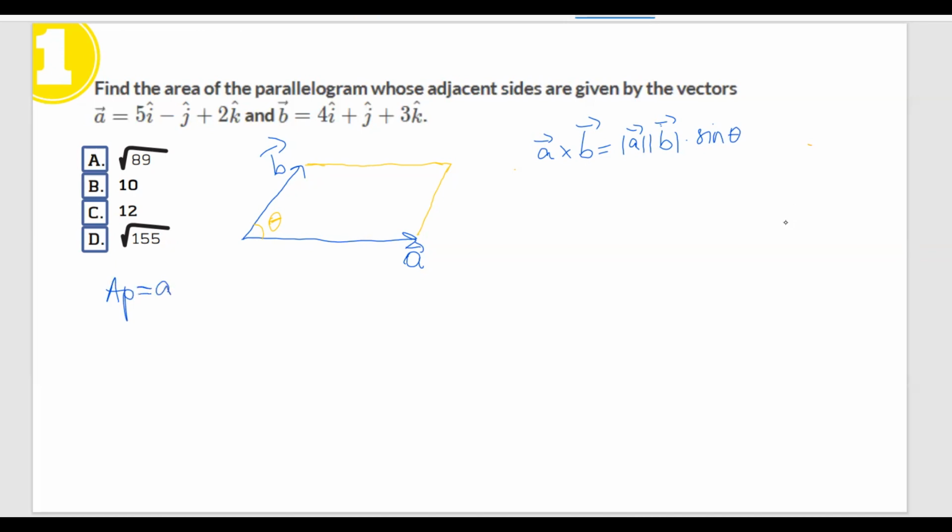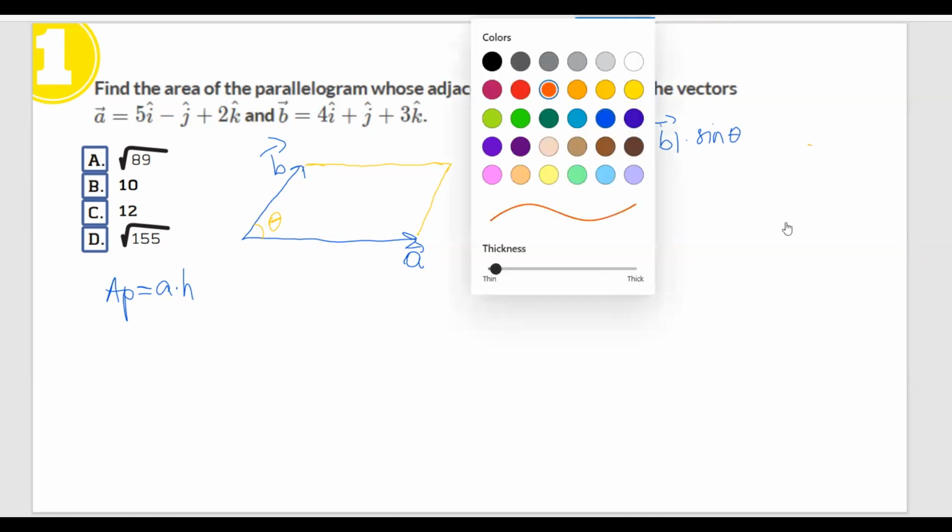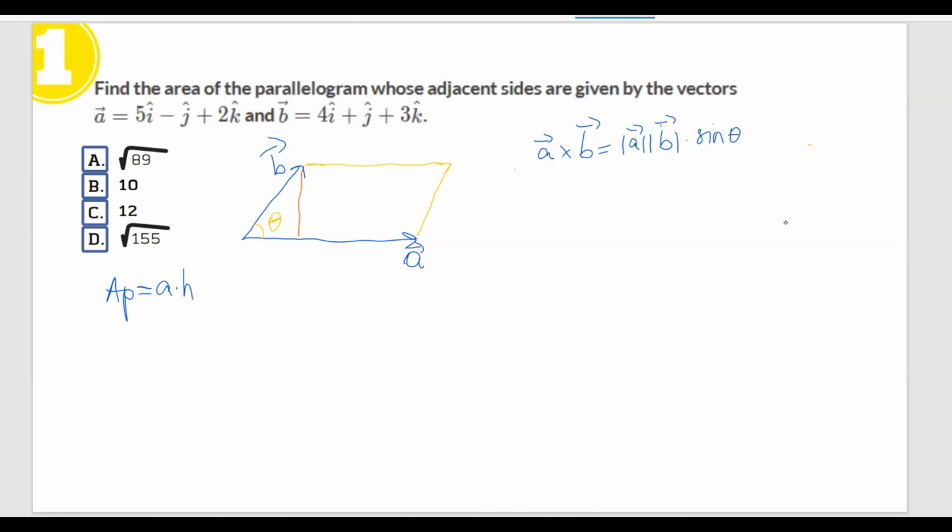It's either A times h, which, let me add it here in red, this would be h, which falls perpendicular to A. Or, of course, if you look at this right triangle, it's very easy to see that if we apply sine of theta, we would get h over magnitude of B. So from here, we can say that h is equal to magnitude of B sine theta.